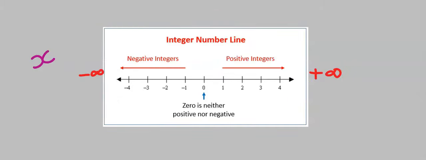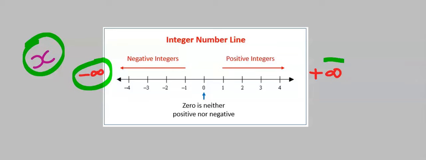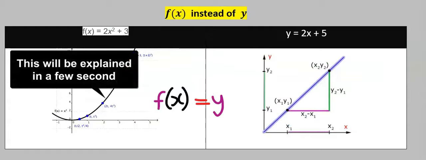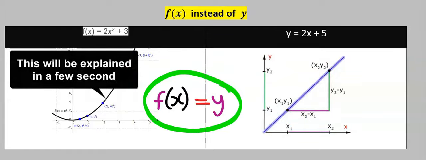And the changing variable, for example x here, will take integer values that exist on the number line towards negative infinity and towards positive infinity, including 0. Hence, in calculus, f of x is equal to y.